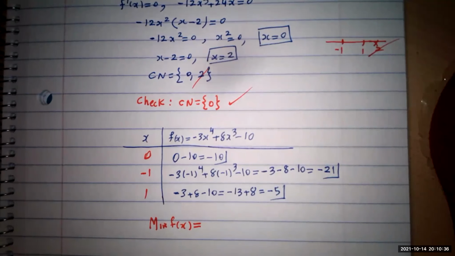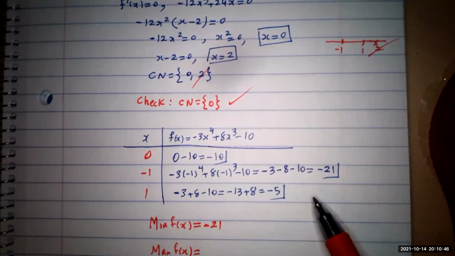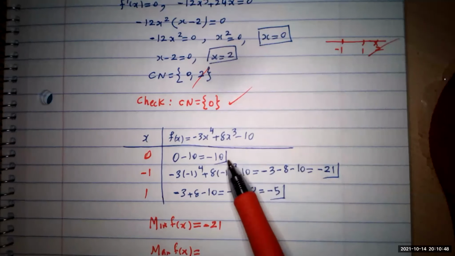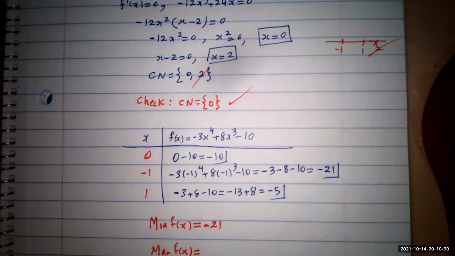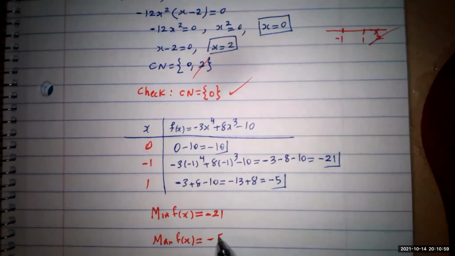Negative 21 is going to be the minimum value, and the maximum value? With negative 5, negative 21, negative 10, the maximum would be negative 5, you're all right. So negative 5 would be our maximum.